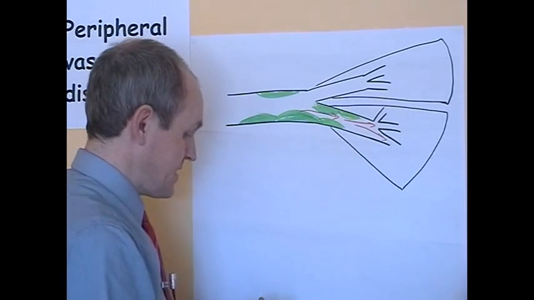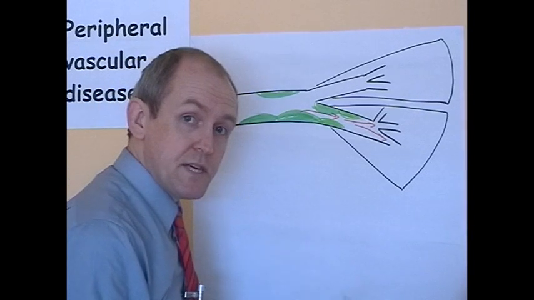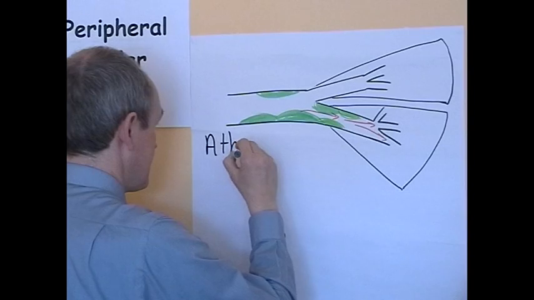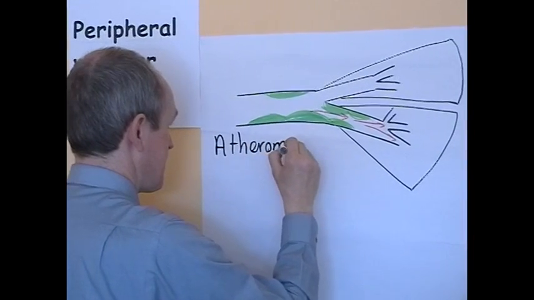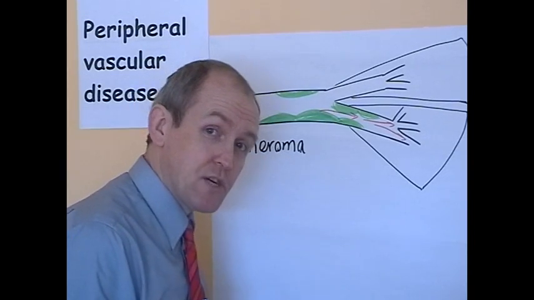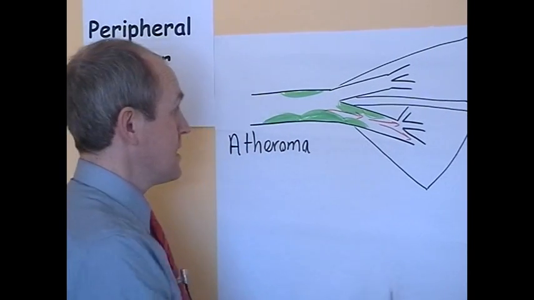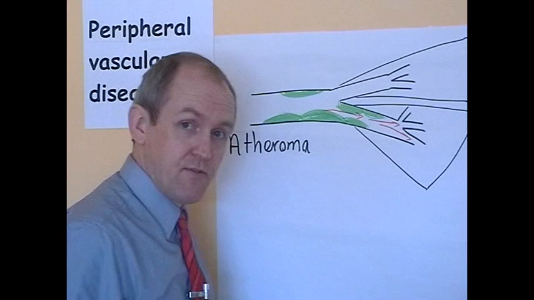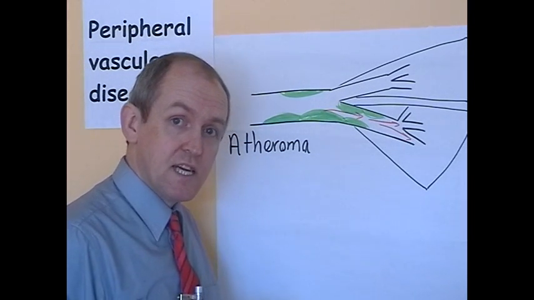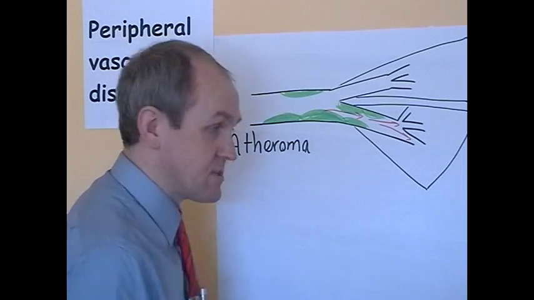in the arterial vessels, well, the material itself is called atheroma. So atheroma is this pathological, abnormal material laid down in the lumen of the arterial vessels. The disease process is referred to as atherosclerosis.